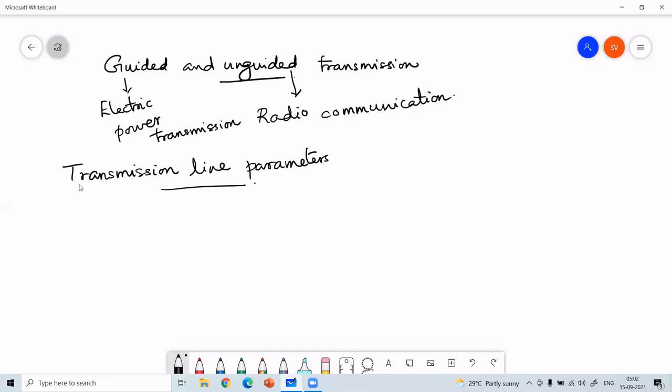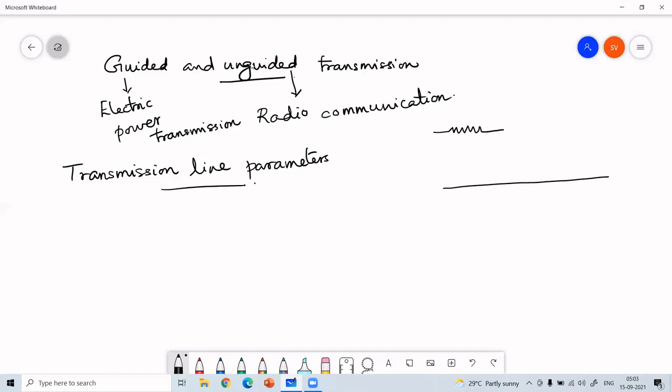In order to discuss the transmission line parameters, we need to represent the transmission line as a network of elements like resistors, capacitors, inductors, etc. Let me draw a transmission line here. Here I am drawing a resistance.